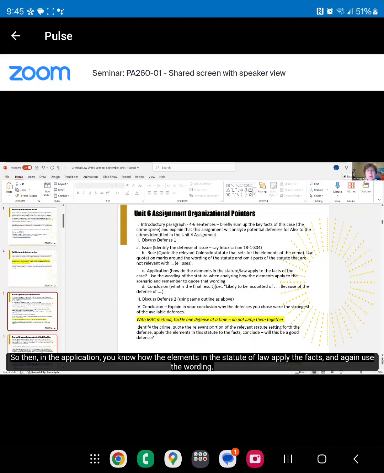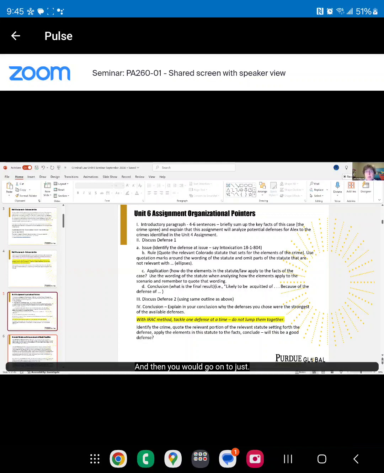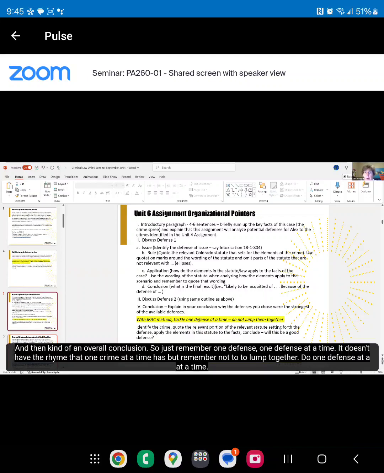So then in the application, how the elements in the statute of law apply to the facts, and again, use the wording to show that connection. And then your conclusion: he's likely to be acquitted of the charges, or his punishment may be mitigated because of such and such. And then you would go on to defense number 2, and then kind of an overall conclusion.